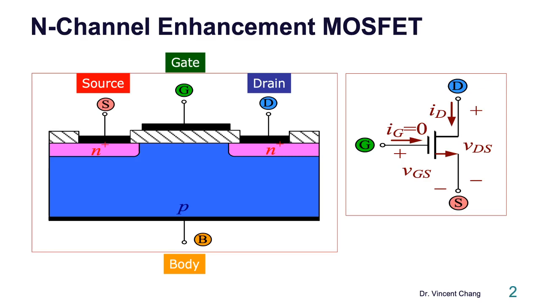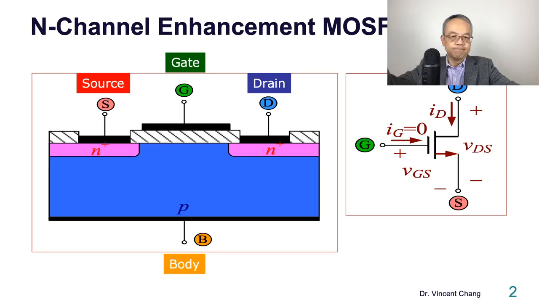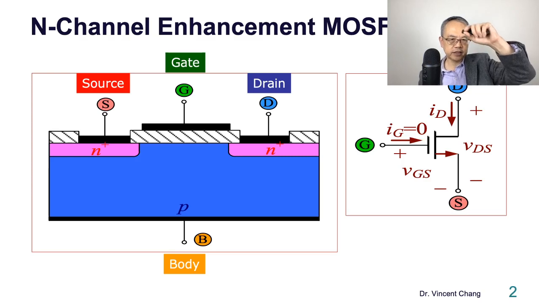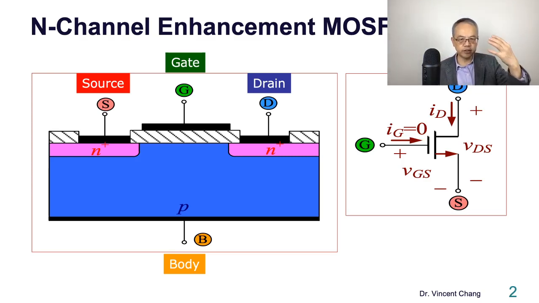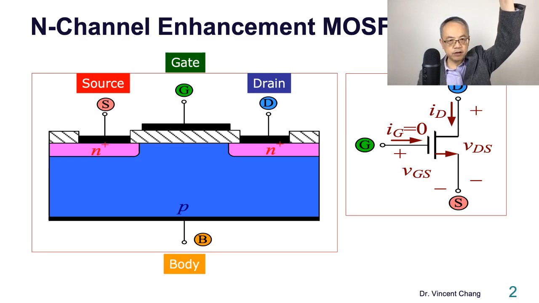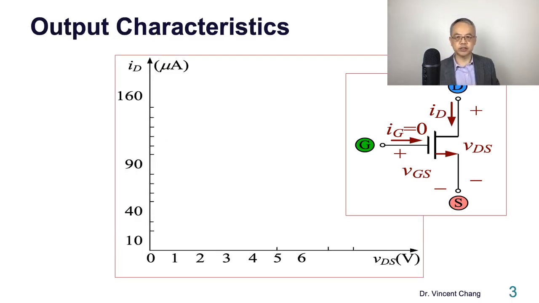There's no gate current because it's a floating gate. So the voltage between gate and source is VGS, and the voltage between drain and source is VDS. The conduction current goes from the top to the bottom, from drain to source.